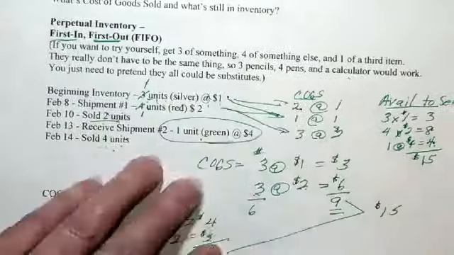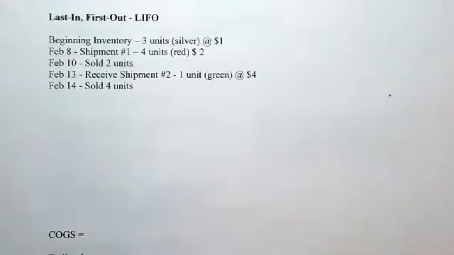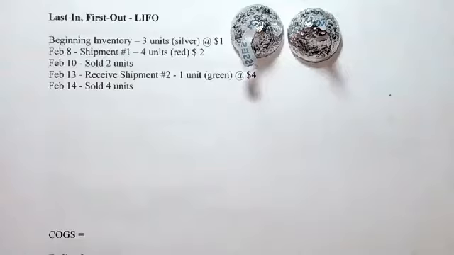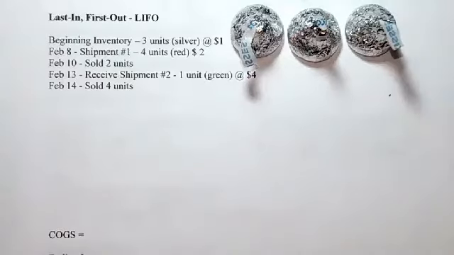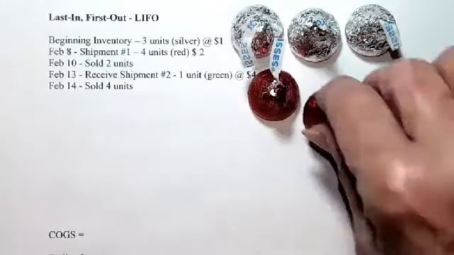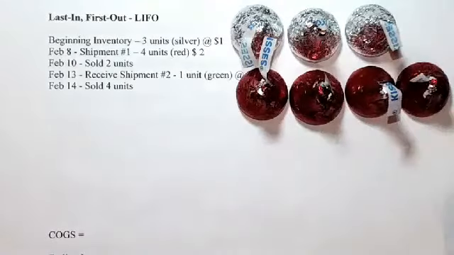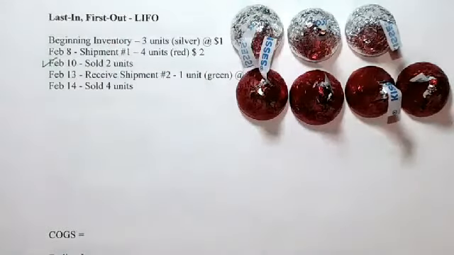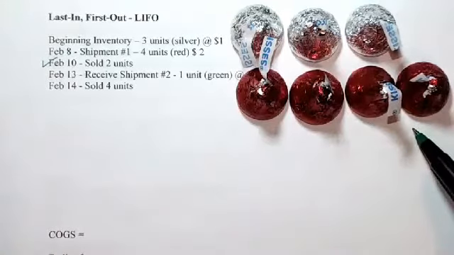If that was it, we wouldn't have a whole chapter on it. Same problem. Start with the 3. So those are my 3 $1 ones. Then I bought these 4 $2 ones. I sold 2. Well, this one's called last in, first out. So what do you think I'm going to pick? The last one you bought is the one you're going to sell.